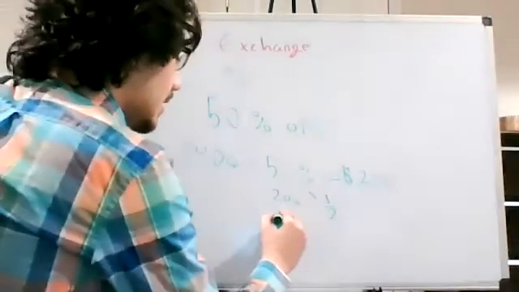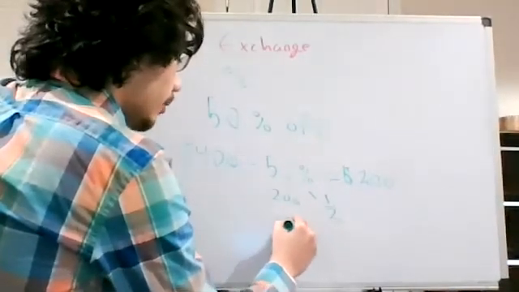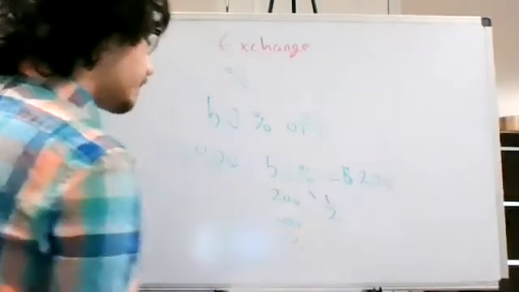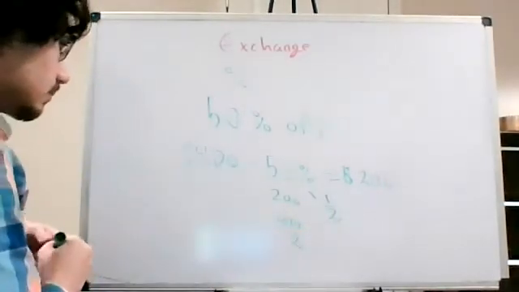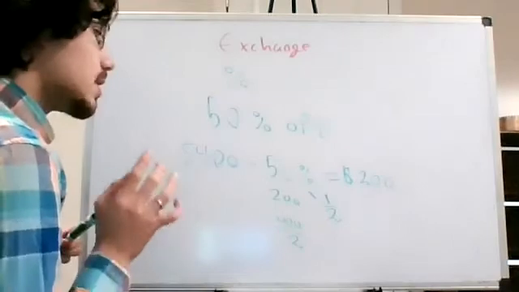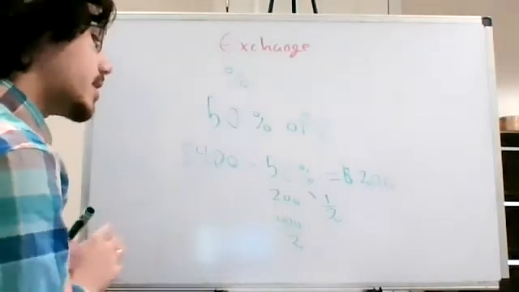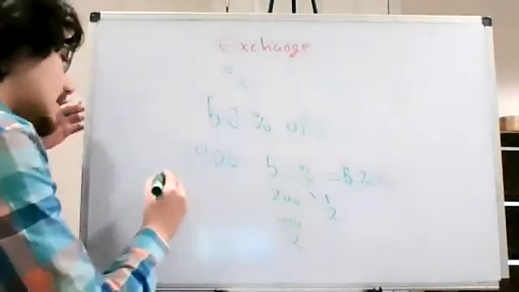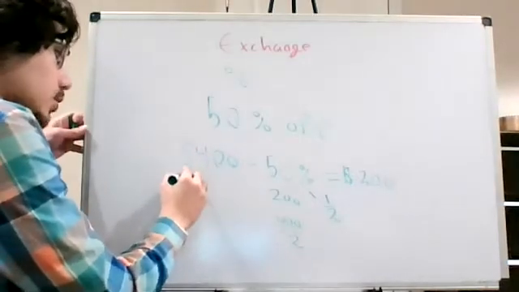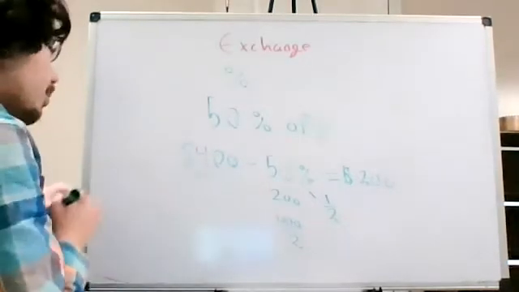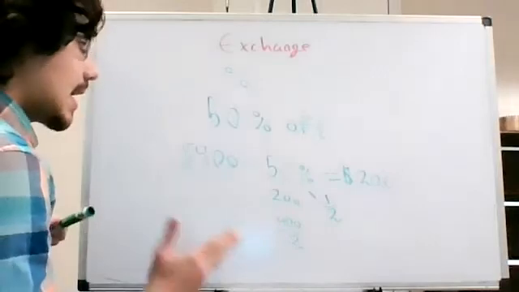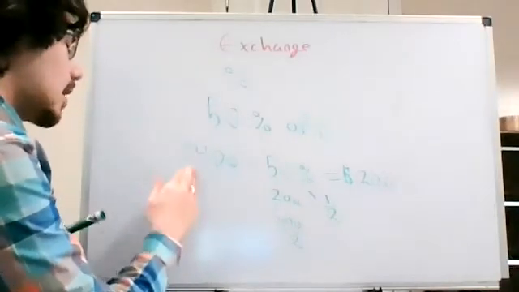So it would be 400 over 2. But the most efficient equation that you can use to apply it is that the $400, being the original price, or just the price, is 100% of itself.